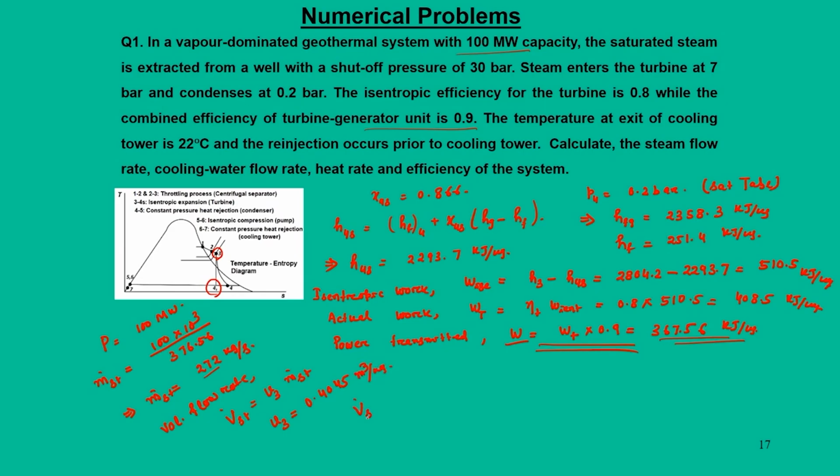So, the volume of the steam flow would be 1110 meter cube per second. So, volume flow rate is this, mass flow rate is this. This is what we required: the steam flow rate, or the volume flow rate of the steam. That we get from this part.